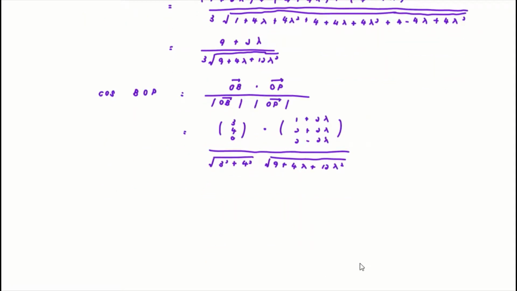Over the magnitude for OB, that is the square root of 3 squared plus 4 squared. For the OP part, don't repeat it, because you already did it here, so I can straight away take this: 9 plus 4 lambda plus 12 lambda squared. Now let's simplify this. We have 3 plus 6 lambda plus 8 plus 8 lambda plus 0, divided by the square root of 9 plus 16, 25, so that's 5.